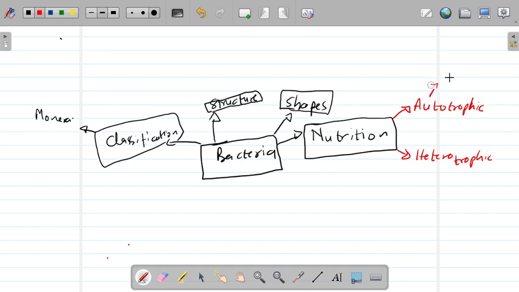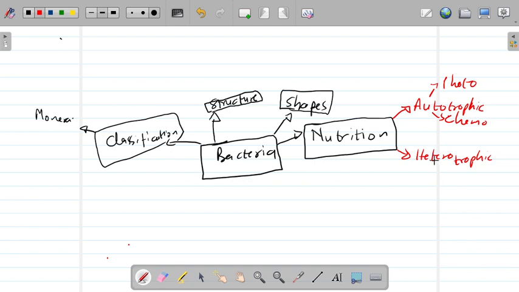For example, you get to see that some are photosynthetic, and some will be chemosynthetic. Photosynthetic, photo meaning light. They use light to make their own food, similar to plants. And then some bacteria use chemicals to manufacture their own food, right?